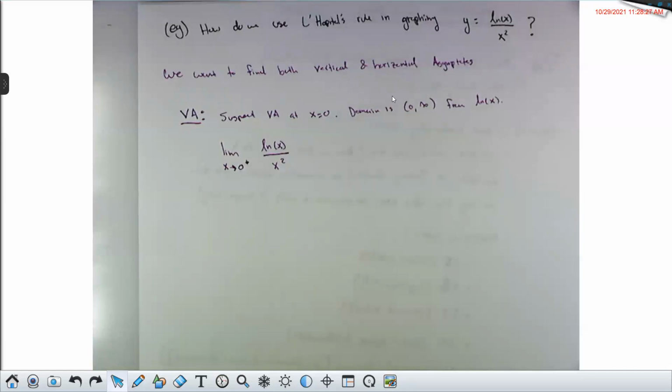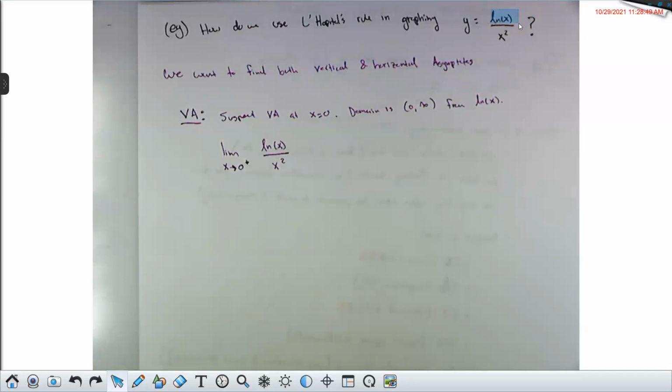So the two places where we would use limits to investigate this function would be when you're looking for vertical asymptotes and when you're looking for horizontal asymptotes. Sometimes vertical asymptotes are obvious, right? Like if the bottom is 0 and the top is not doing anything weird, then you can be confident you have a vertical asymptote there.